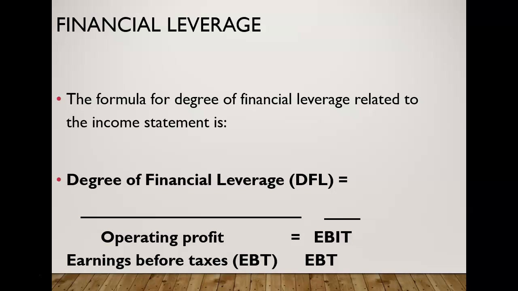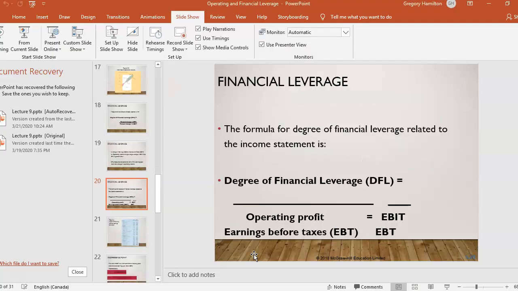So for degree of financial leverage, we can find it, and there's something wrong with my formula, but this formula should read: the degree of financial leverage is equal to operating profit divided by earnings before taxes. Let me try to fix this while we speak, so we can see what it looks like.